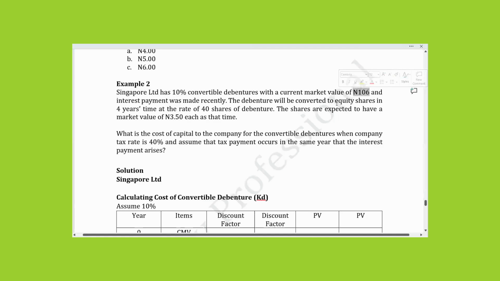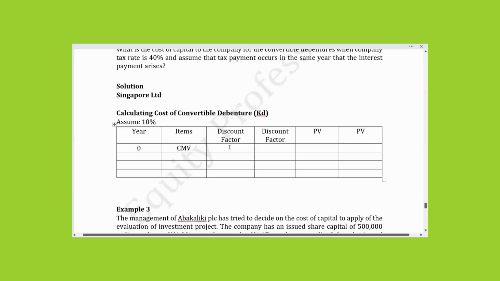So the market price of the debenture is 106. So you then come here in year 0, put it in brackets 106. Close your brackets. Before that, we're assuming 10% first. Sorry, there remains one column I need to put: one column for cash flow.